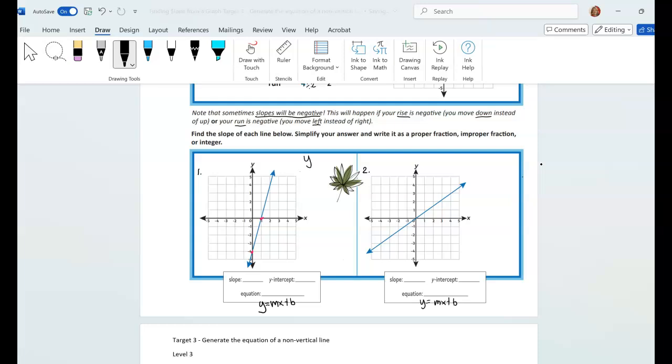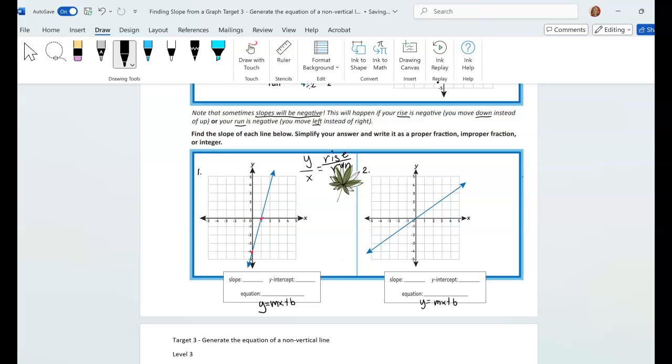Remember change in y over the change in x, or rise over run. R-U-N. That looks like ran. Rise over run. Okay.